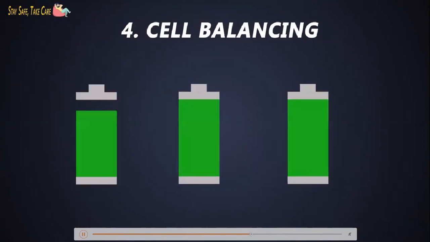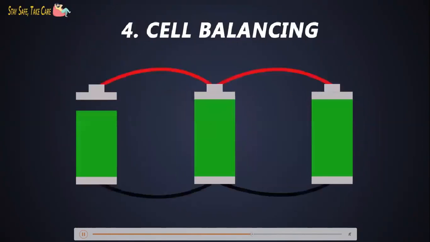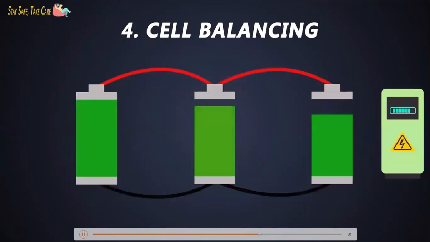Next comes the cell balancing. Cell balancing is a method to compensate the weaker cells by equalizing the charge on all the cells in the chain to extend the overall battery pack's life. In the whole battery pack, small differences between the cells due to the tolerance of operating conditions give rise to uncertainties.